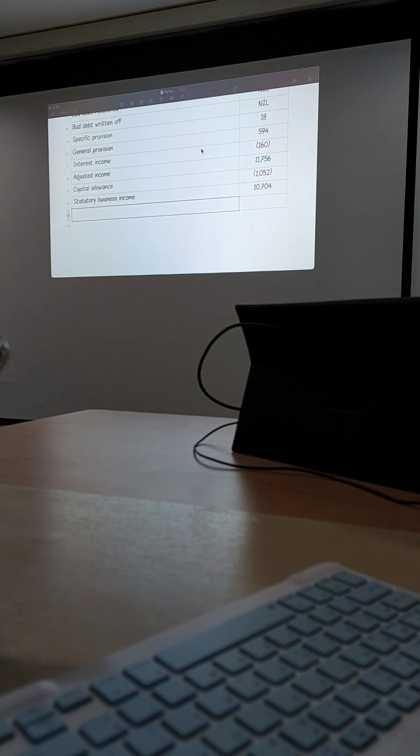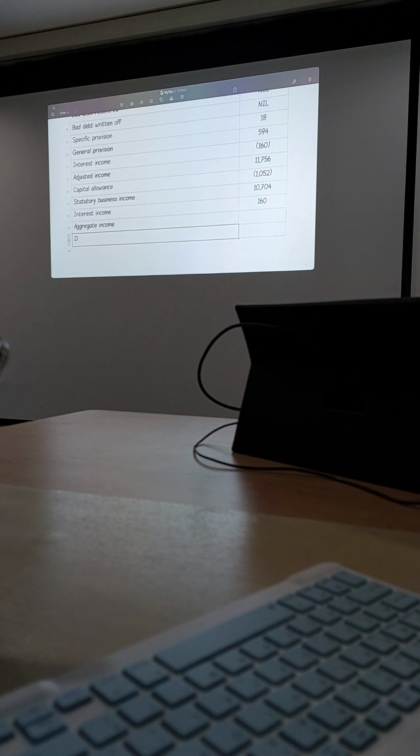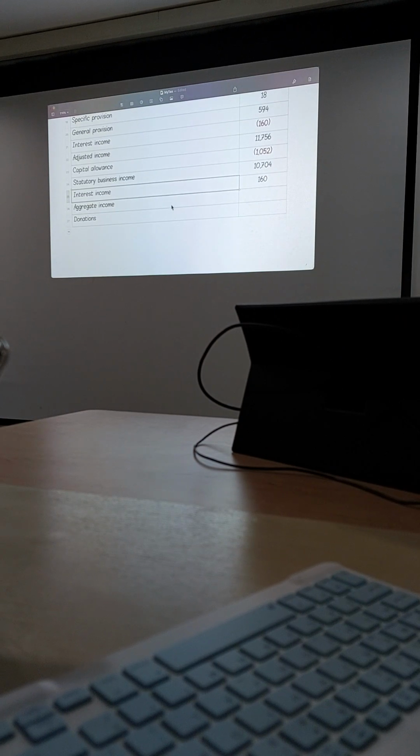Move on. Okay, so here of course you have statutory, then you have the interest income. Now, interest income add back 160, correct? Then after interest income you get your aggregate. Donation comes after aggregate income.